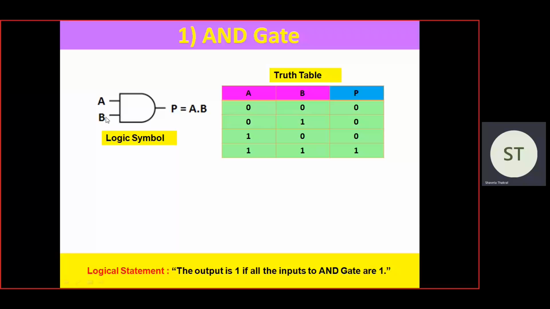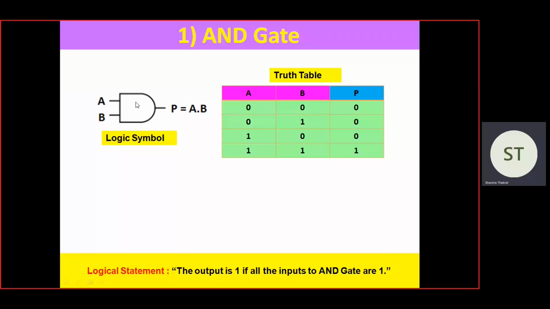We just put two variables for the two inputs. As I told you, the specification is n cross 1 with minimum 2 inputs. So we have taken two inputs, but there will always be one output. The output variable we are taking is P. So P is the output and A and B are the inputs.